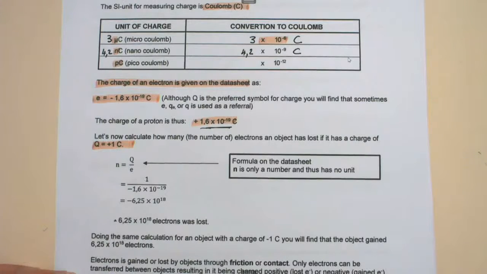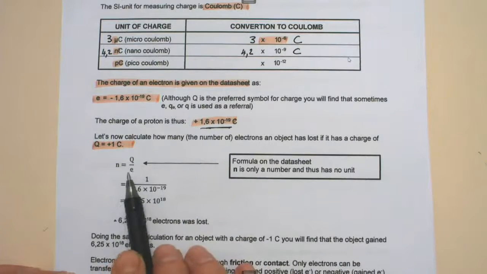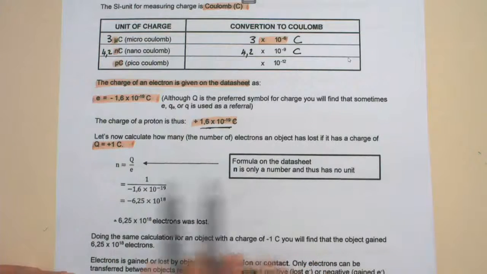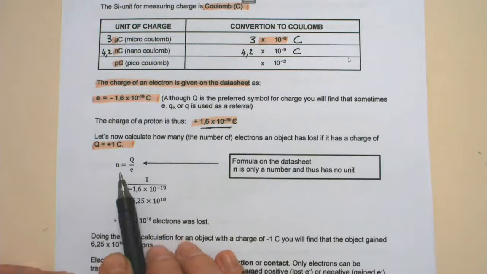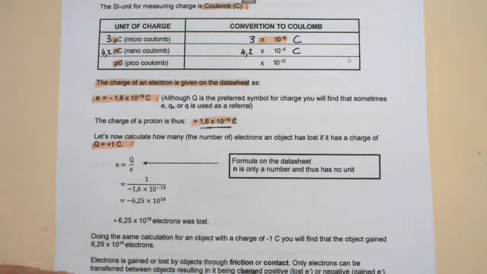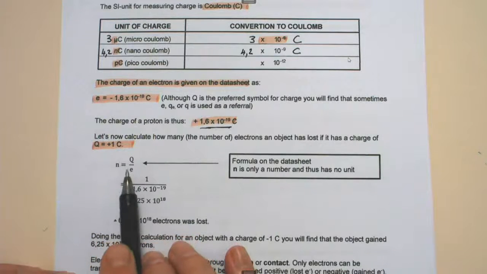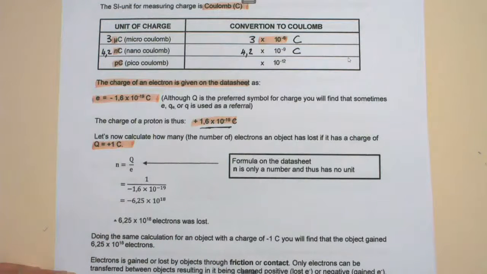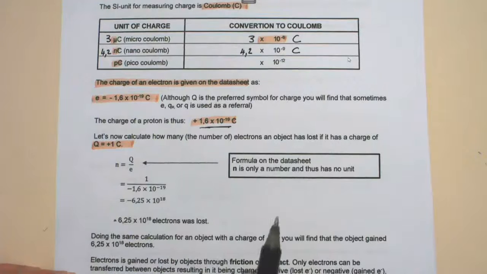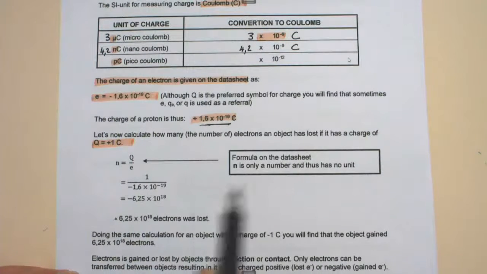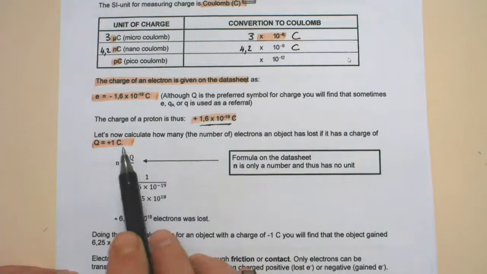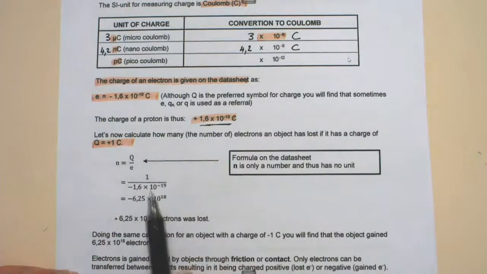Now there is a formula on your data sheet that is given to you, whereby you can calculate the number of electrons gained or the number of electrons lost, and in this case, because it's positively charged, we are referring to electrons that were lost by this object. So a simple calculation: my charge was given as +1, and I know the charge of the electron.